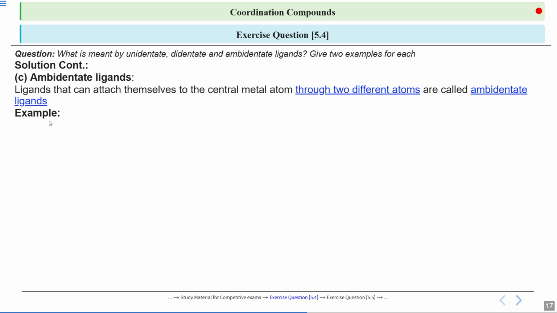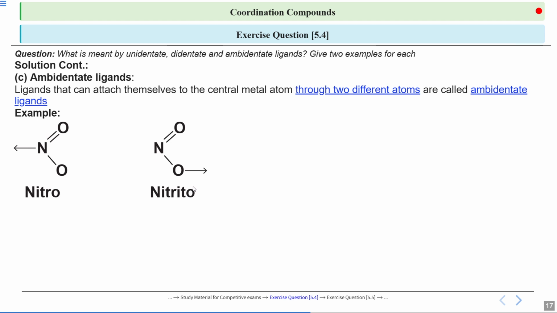For example, nitro and nitrito. In nitro, N double bond O, single bond O, the nitrogen is available for binding with the central metal atom in the complex. Whereas in nitrito, the oxygen is available for bonding with the central metal atom.